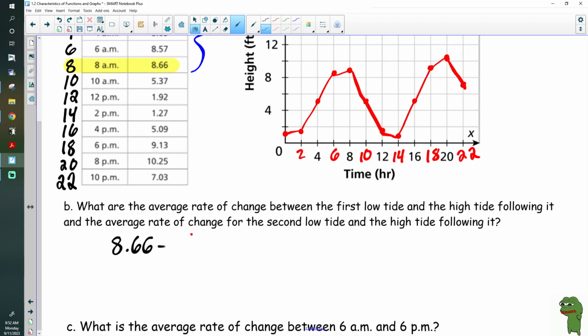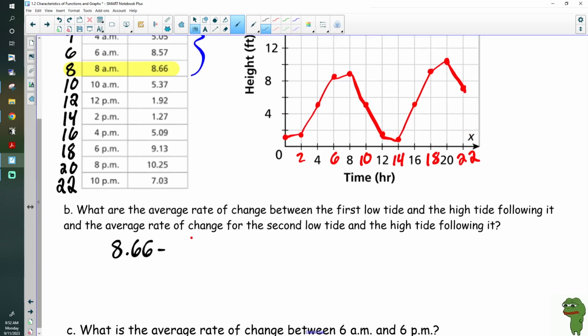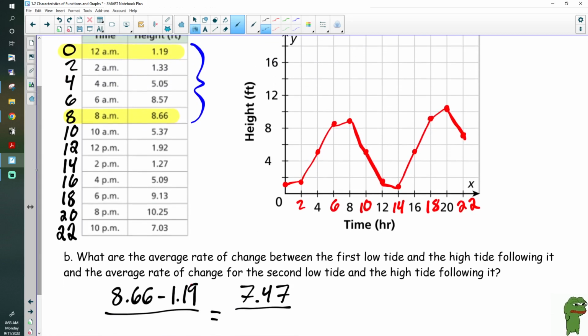8.66 minus, what did I say? 1.19. What is that? 7.47. Okay. Divided by the change in x. So now we're figuring out how many hours went by.